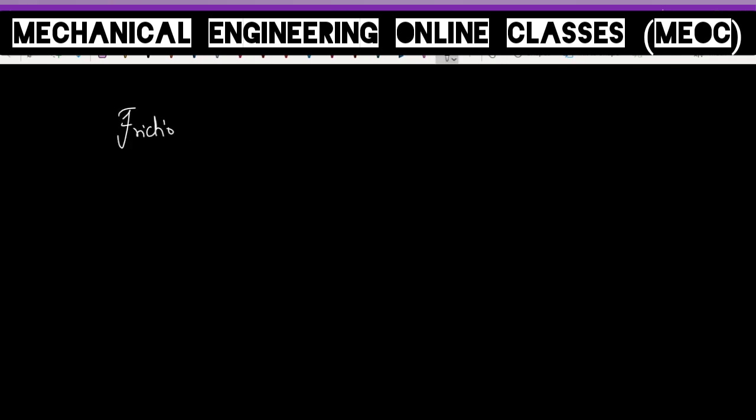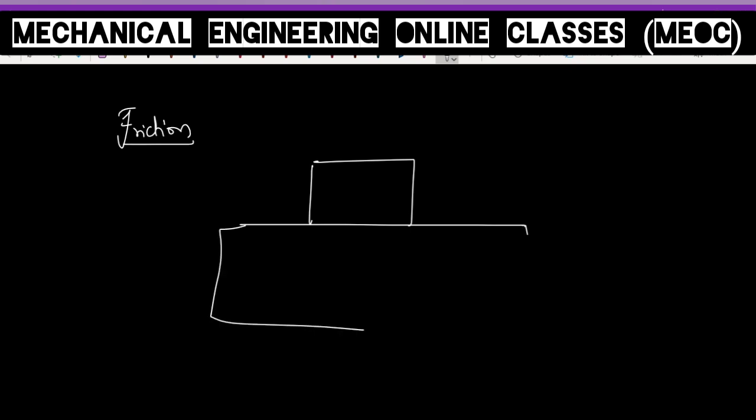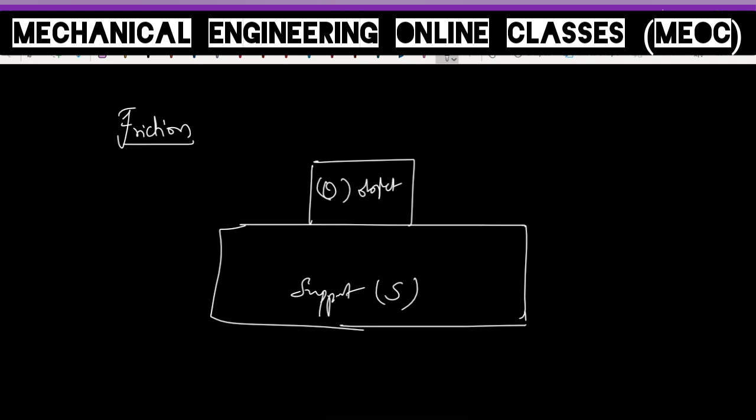For example, I am taking a block kept on some other support, say this is a support, in short I'll call it S, and this is the object, I call it O. Now if we are trying to slide this object O with respect to S, suppose this is a 1000 Newton weight.